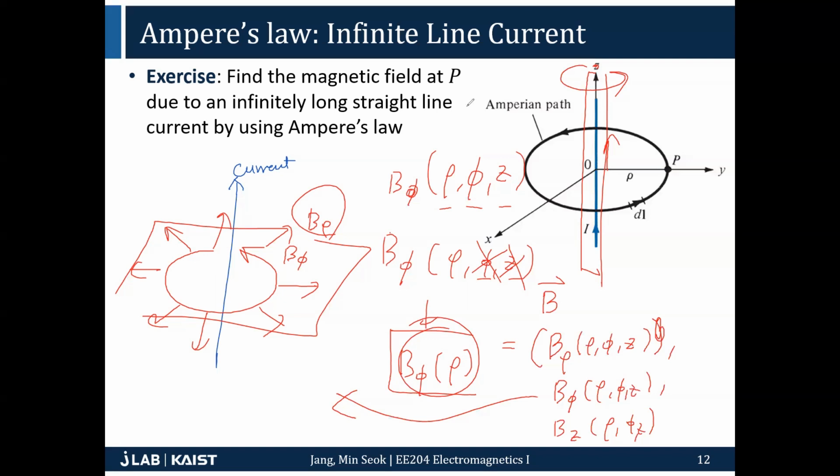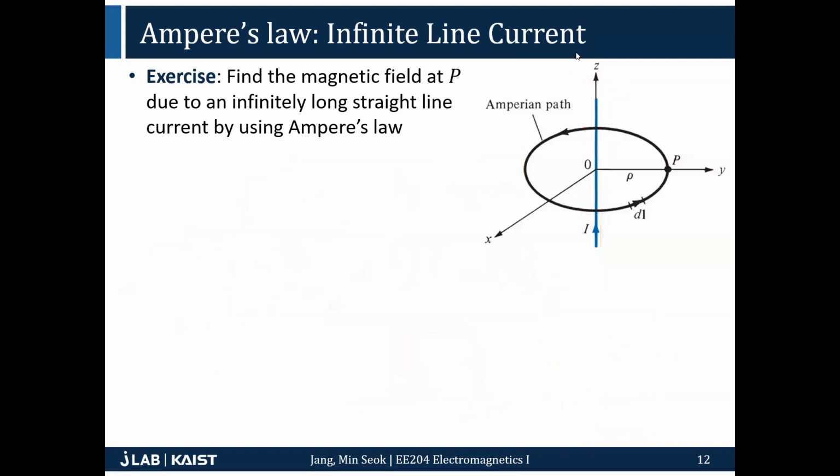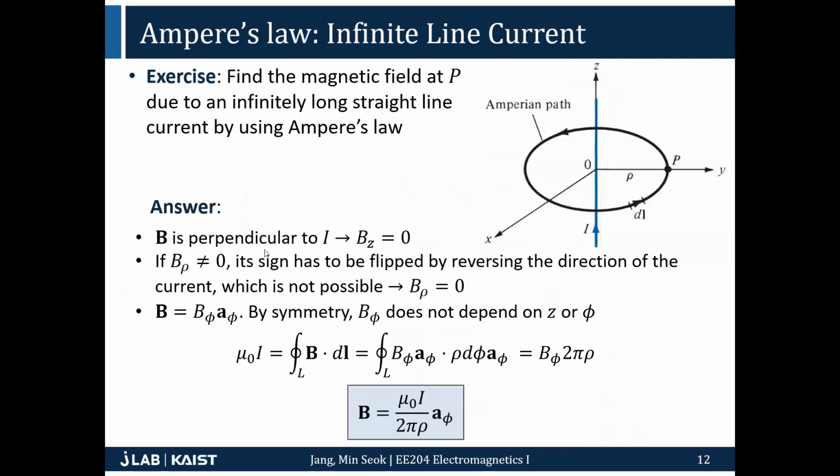Okay, and once we get to this point, if we apply Ampere's law, then everything's simple, right? If you choose the Amperian path like this, we can easily obtain the rho dependence of the B phi function, and that's the end of the story, right?